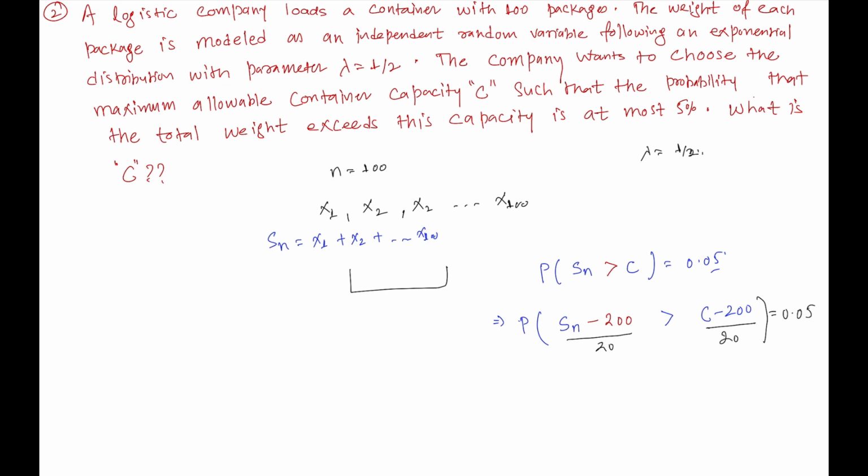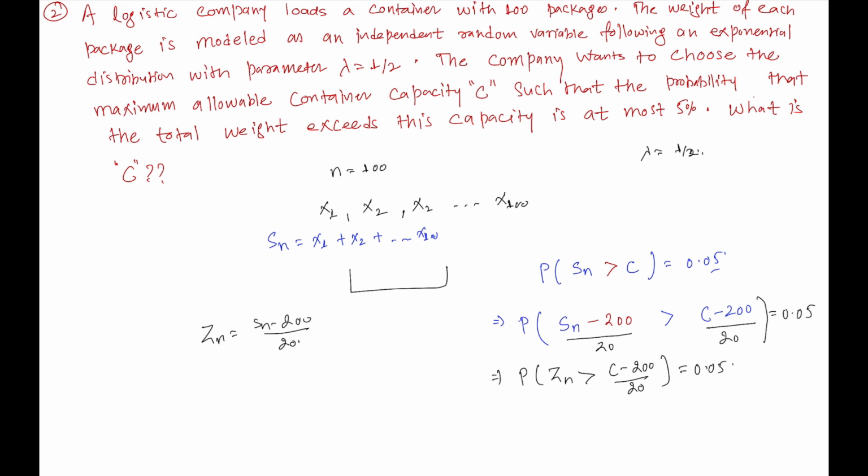So this is the standardized version of Sn. Let's say Zn equals Sn minus 200 divided by 20, and we can treat this random variable as a standard normal random variable. So the probability that Zn is greater than C minus 200 divided by 20 is equal to 0.05.